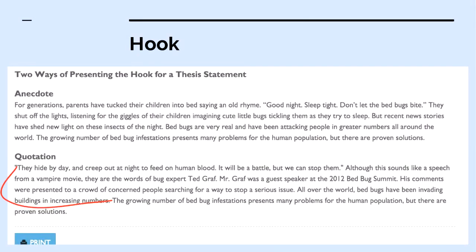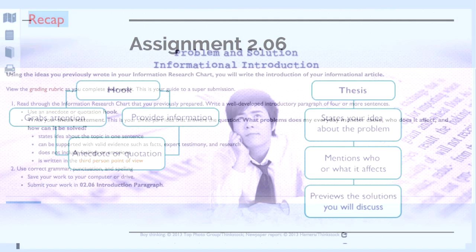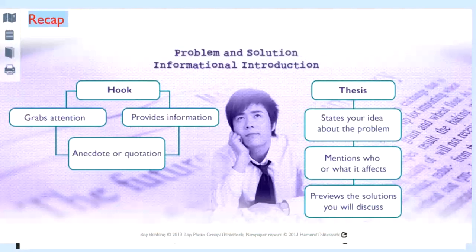So you need to make sure that you have your background information that connects your hook and your thesis. Okay. Oops, one more back. So we have our hook, our background information, and then we have our thesis.